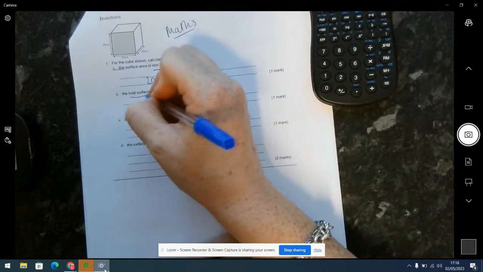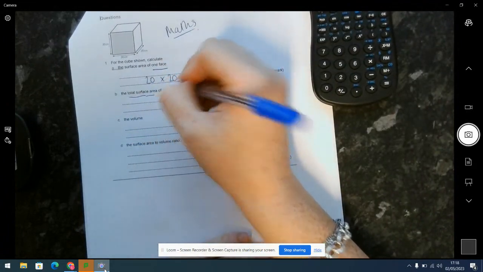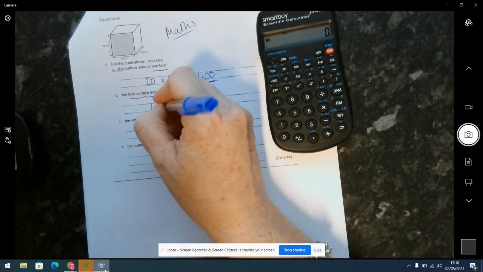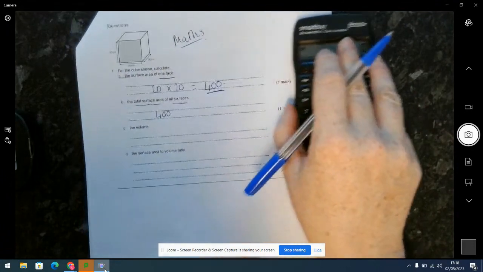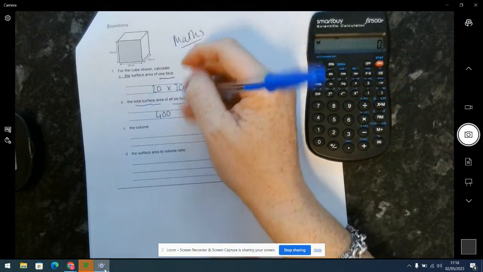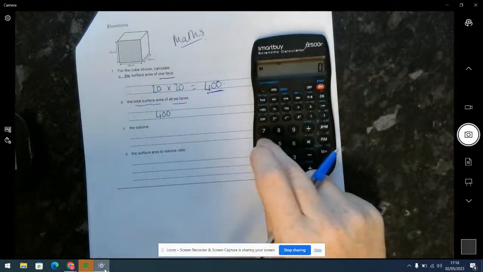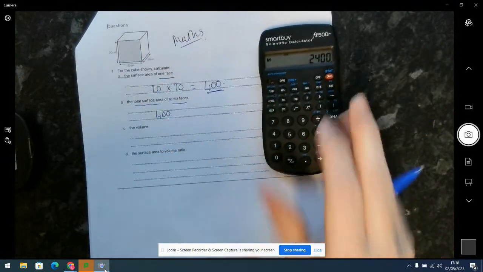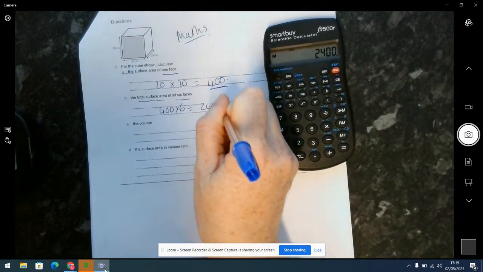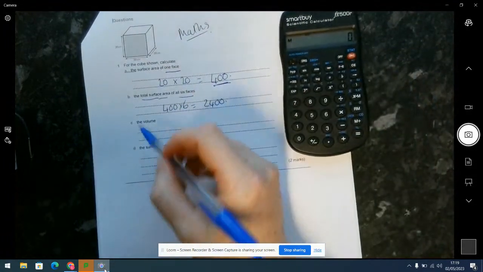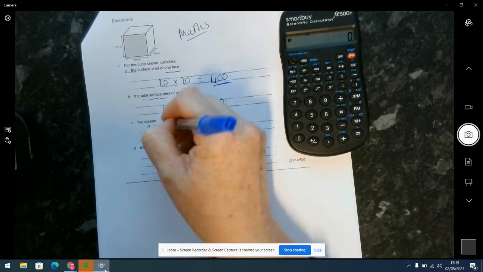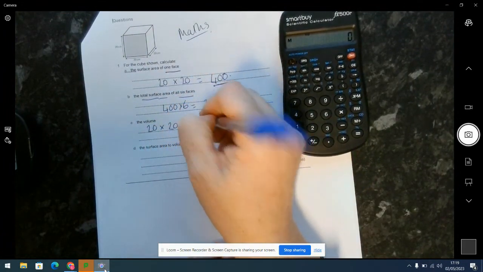I've then got to do the total surface area of all 6 faces. So I've already worked out what one side equals. So we know that a cube has 6 faces. Now, I do want to point out, higher tier, you've got to just know that. Foundation tier, you might get a scaffold. It just depends. So 400 times by 6 gives me a total surface area of 2,400. The volume, we also need to take into account the depth. So we've got 20 times by 20 times by 20.